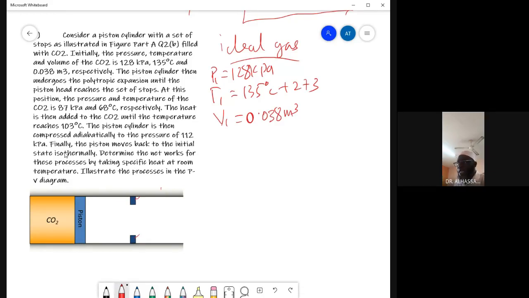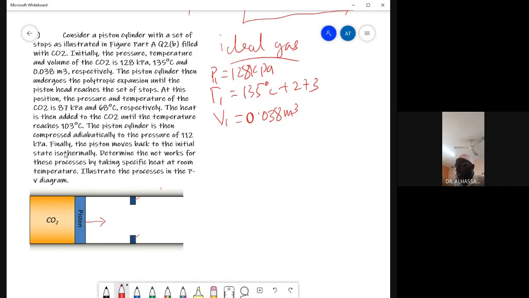The piston cylinder then undergoes a polytropic expansion. So it means it starts moving all the way. This is the only boundary work we have, the only form of W that we have. We are told the piston undergoes the polytropic expansion until the piston head reaches the set of stops.